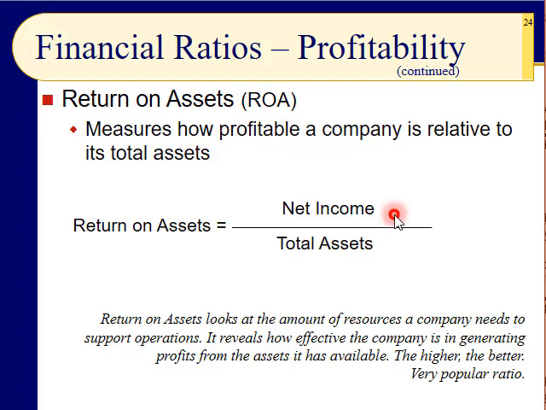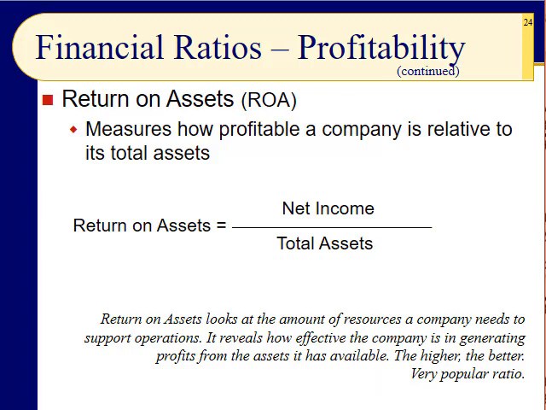So again, there's that bottom line number, net income, but this time we divide it by the total assets it took the company to own to produce that income. Return on assets looks at the amount of resources a company needs to support operations. It reveals how effective the company is in generating profits from the assets it has available. Of course, the higher the better, very popular, but we have to look at our competitors.